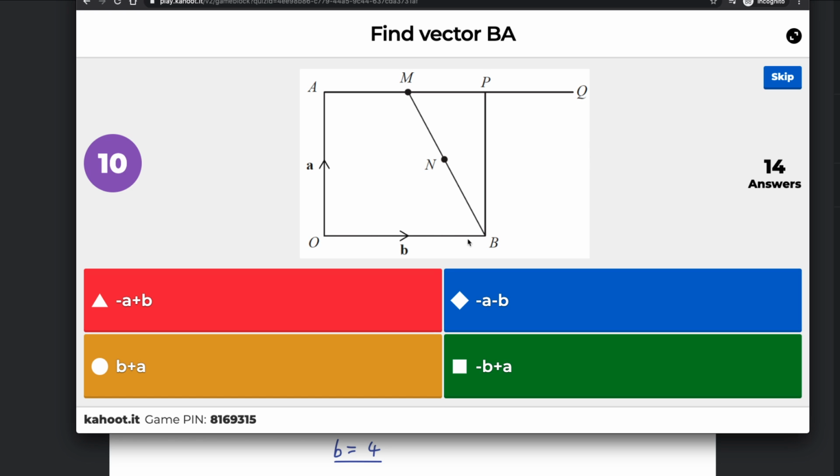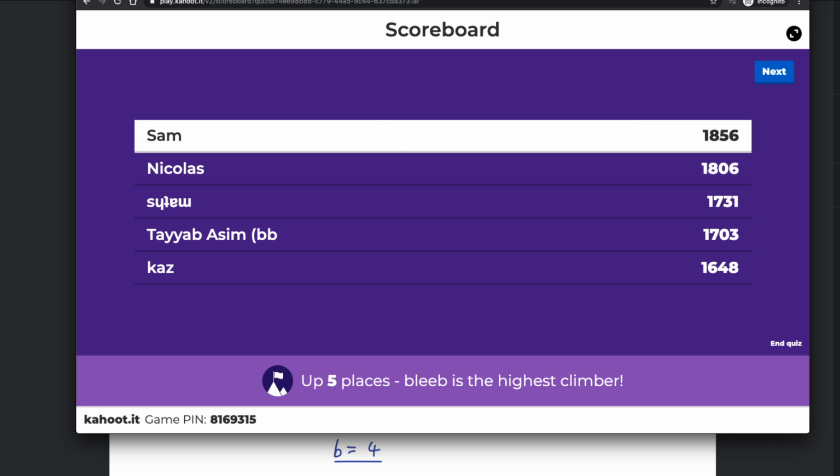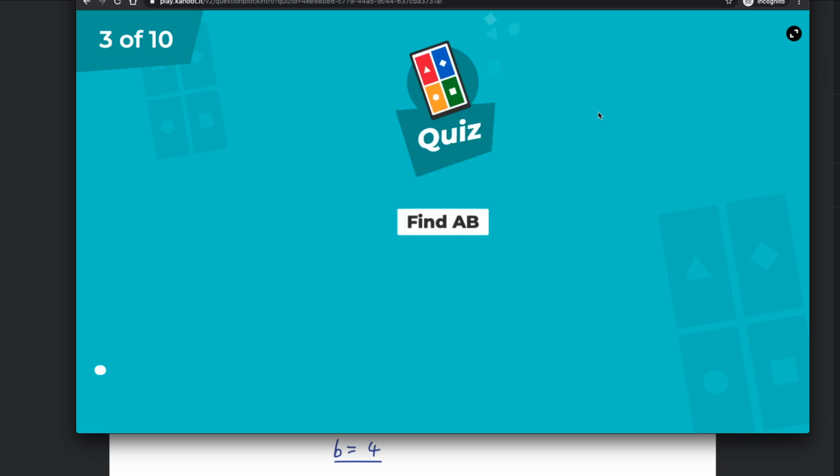So if B is pointing this way, if you're going the opposite direction, it's a negative. Well done. Negative B take A. Sometimes written as A take B, but good stuff. Sam is in the lead. Well done, Sam.